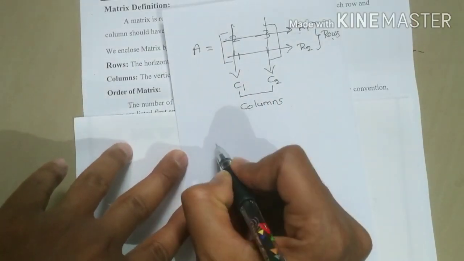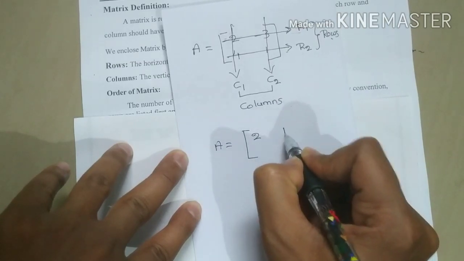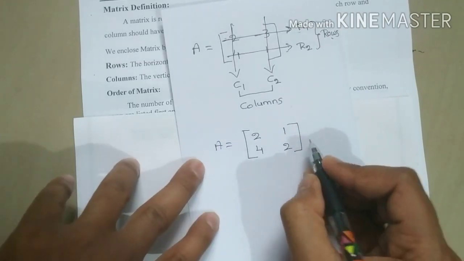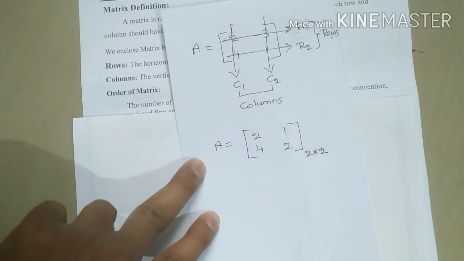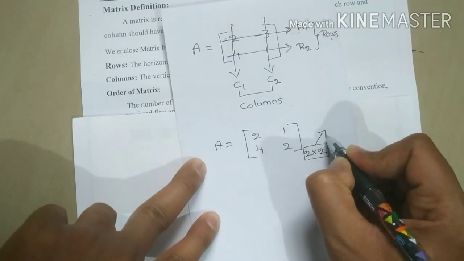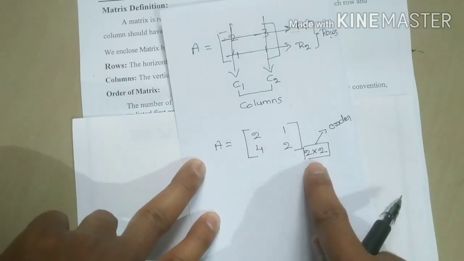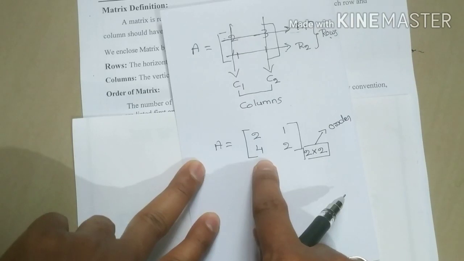See, A is equal to the matrix 2 1 4 2, and here I'm going to write 2 cross 2. This 2 cross 2 indicates the order of this particular matrix.